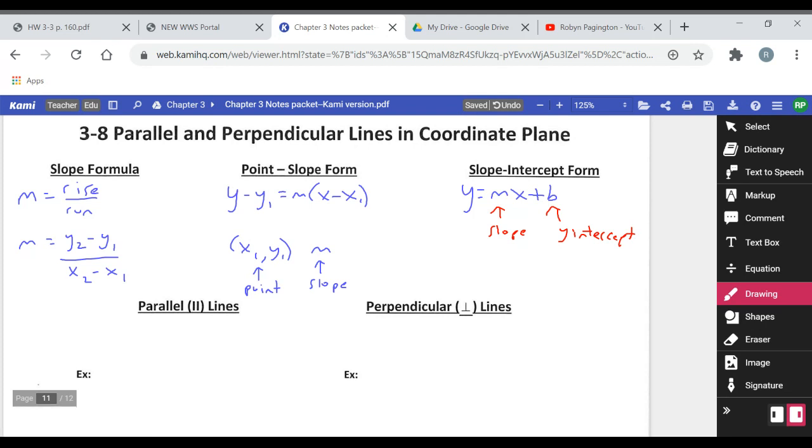Okay, now for some specifics about parallel lines. The basics of that, we can say a longer version. If two non-vertical lines are parallel, then the slopes are equal, and the converse of that is also true. But let's just shorten that to say same slope.